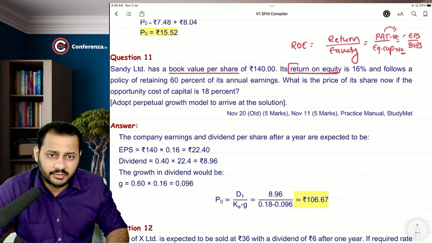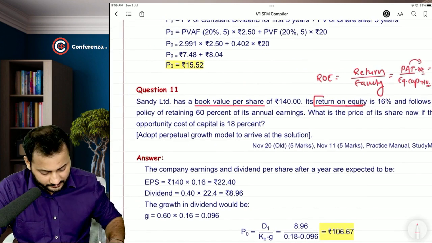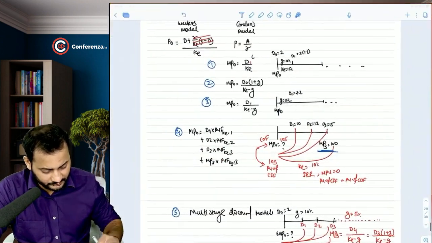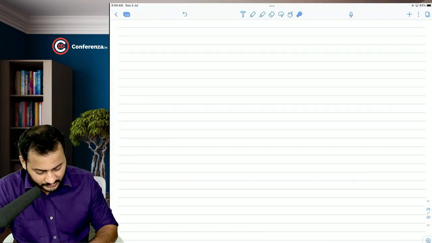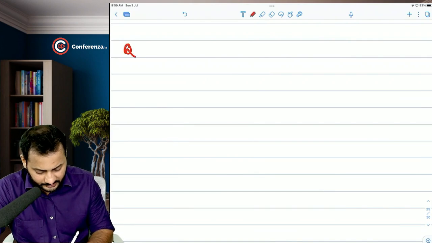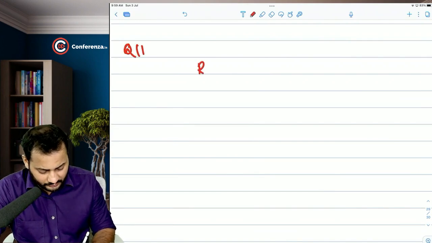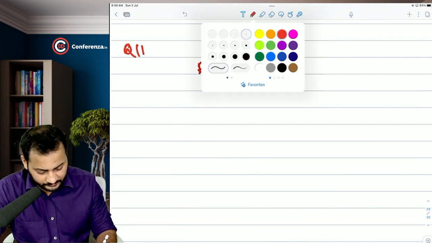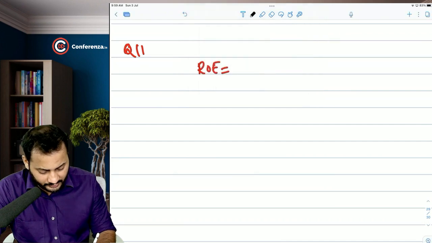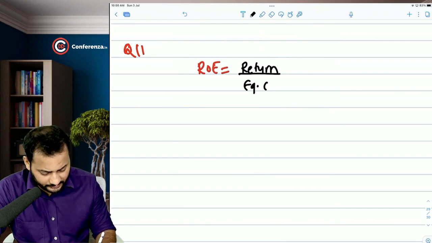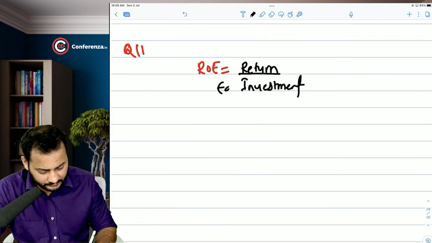Are you getting it? Okay, so question number 11, I will start from here by explaining the same thing. What is return on equity? Return on equity is return divided by equity capital, or we can say equity investment.